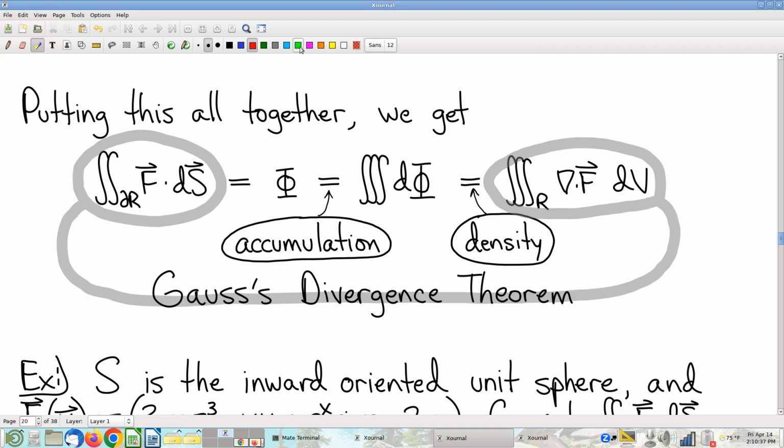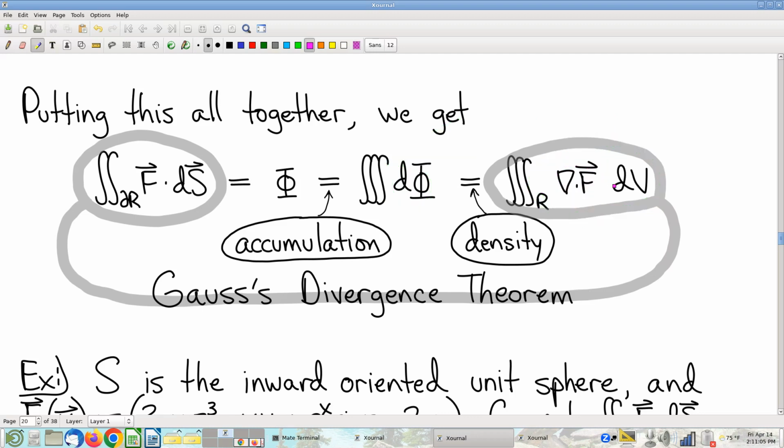And then lastly, we have our density observation here, that there is a formula and a notation and a terminology for how much flux per unit volume there is at a given point. And as we just got through emphasizing, divergence is that density. Divergence is flux density.